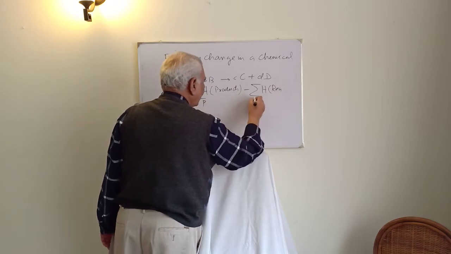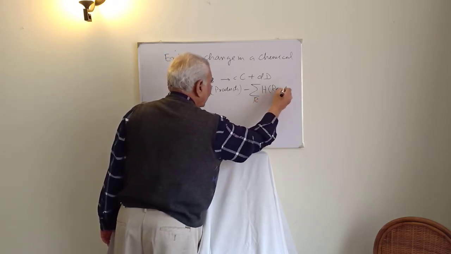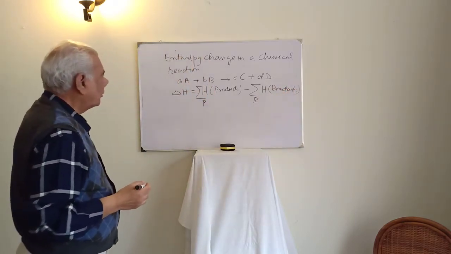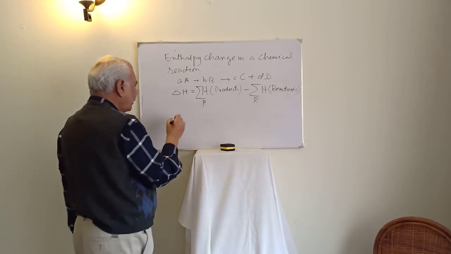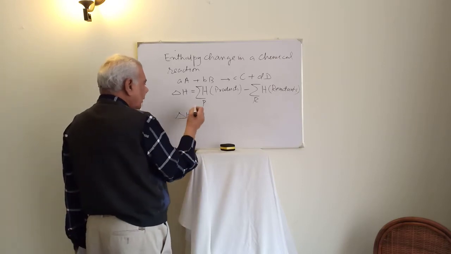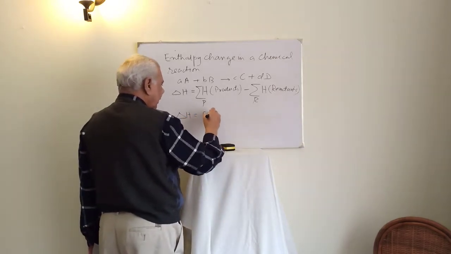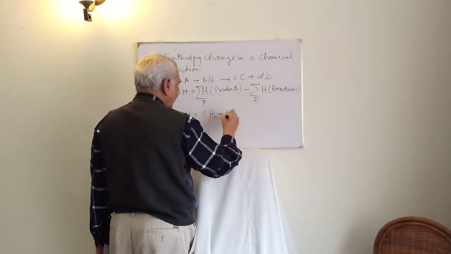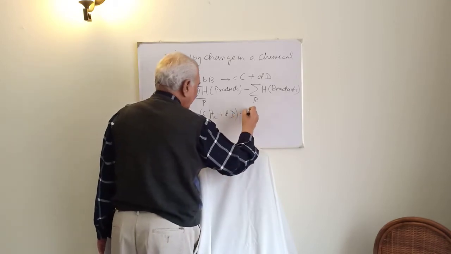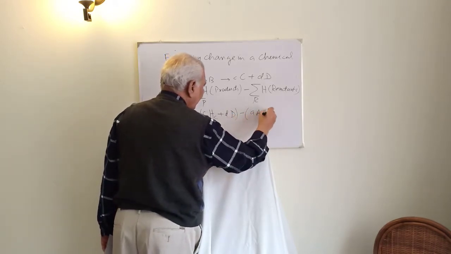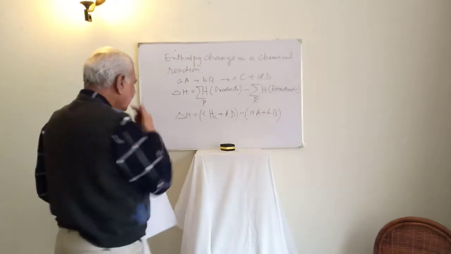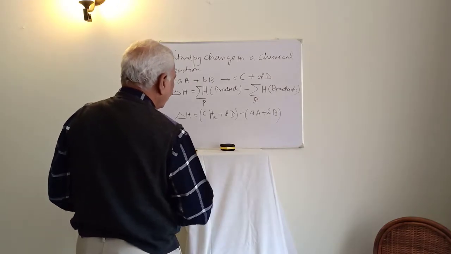So we can write delta H is equal to c moles of C, so cHC, plus d moles of D for the products, minus a moles of A plus b moles of B. So this is the enthalpy change of the reaction.